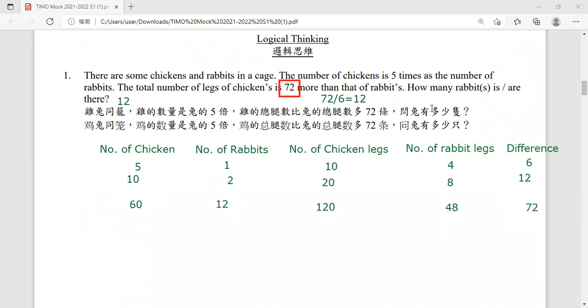Of course, if you don't want to use this method, you can use algebra. Algebra is also very good because I want to find the number of rabbits.